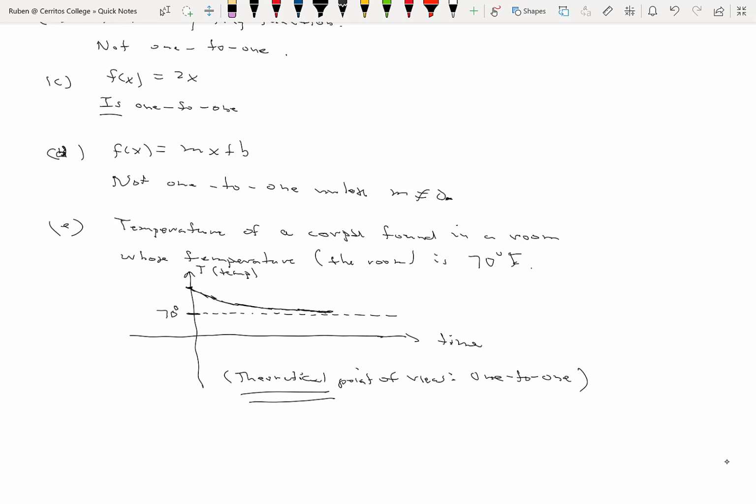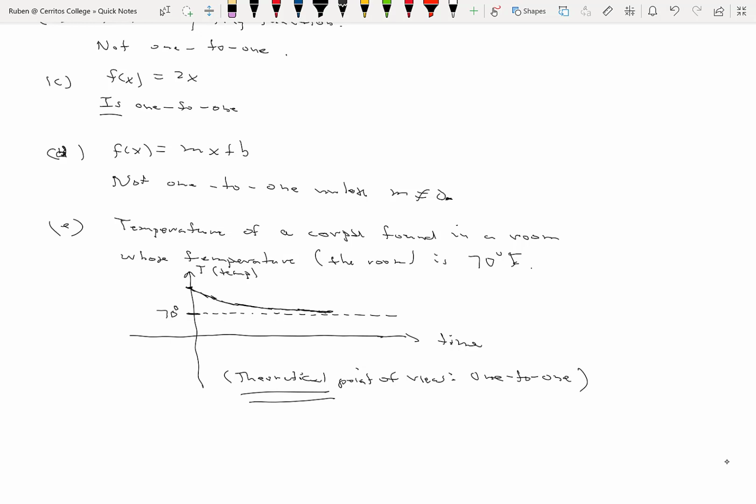So if this question were posed to you, you would have to ask a follow-up question as well. Are we looking at theoretically, is the theoretical temperature of the body a 1-to-1 function, or are we talking about real life data? If this were a theoretical model, it would be a 1-to-1 function, and so this function would have an inverse.